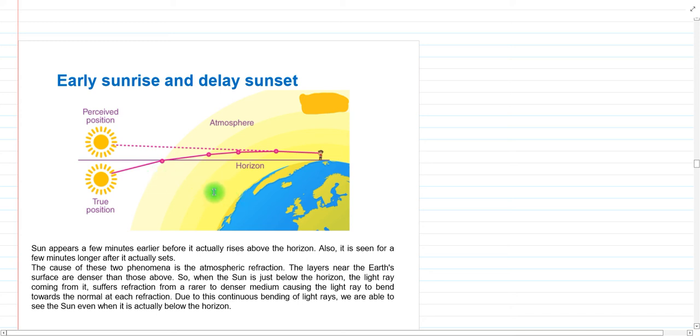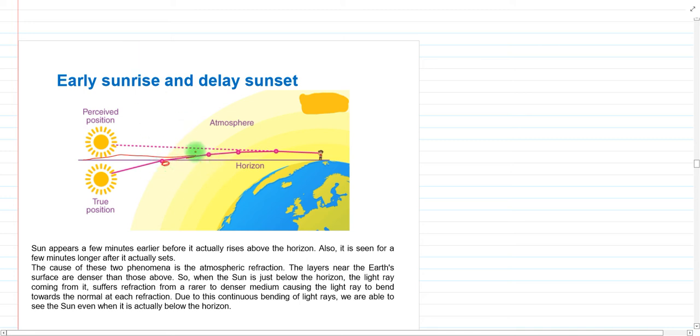We know stratosphere, troposphere, atmosphere, and last one is magnetosphere. Okay, and beyond the atmosphere there is nothing, there is vacuum. Okay, so when light coming from the sun enters the atmosphere, that means it is coming from a rarer medium to a denser medium, right? So it will bend towards the normal, and here the horizon acts as the normal at this point.